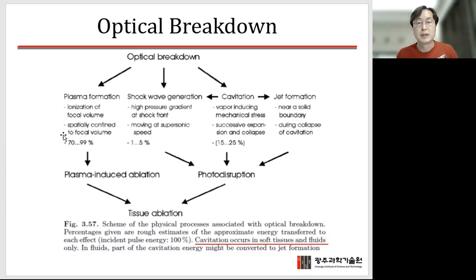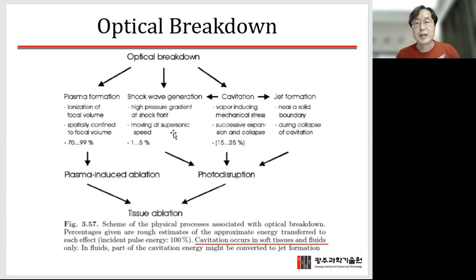But it can also make a shock wave generation. That is going to be about 1 to 5% of the optical breakdown energy. And when the shock wave is generated, it will cause a high pressure gradient at the front of the shock wave. And this shock wave is going to move very fast, at supersonic speed, which means faster than the speed of sound.